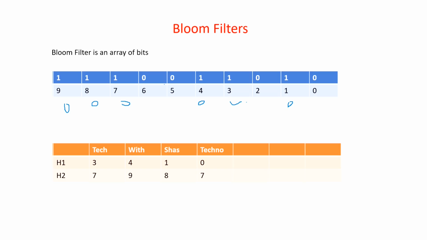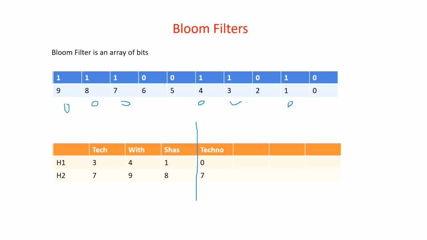So the first three were basically us setting our Bloom filter, but now we are searching whether a particular string exists or not. When we got the hash values for techno, it gave 0 and 7. But there is no 1 at position 0 in the array. So it means that techno was never searched. So techno is a new string, I mean, searched for the first time, right?